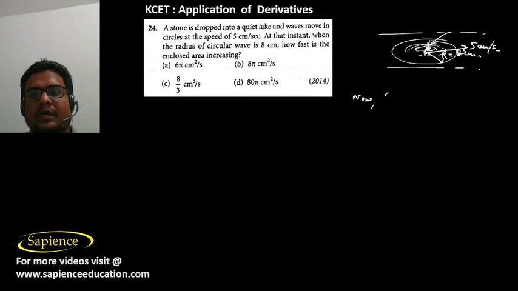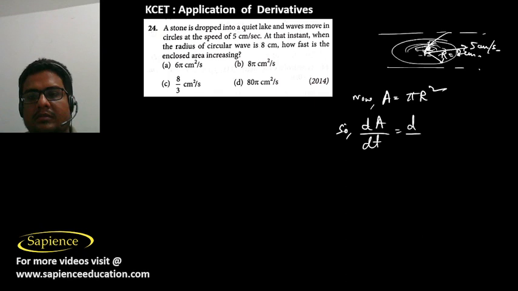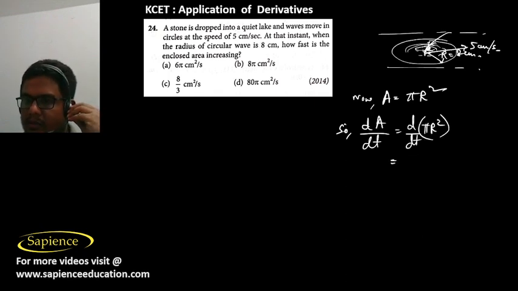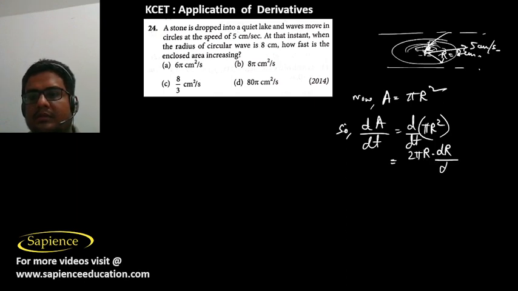Now, the area of the circle is pi r square. We have to find dA by dt, so that will be d by dt of pi r square, which equals 2 pi r into dr by dt.